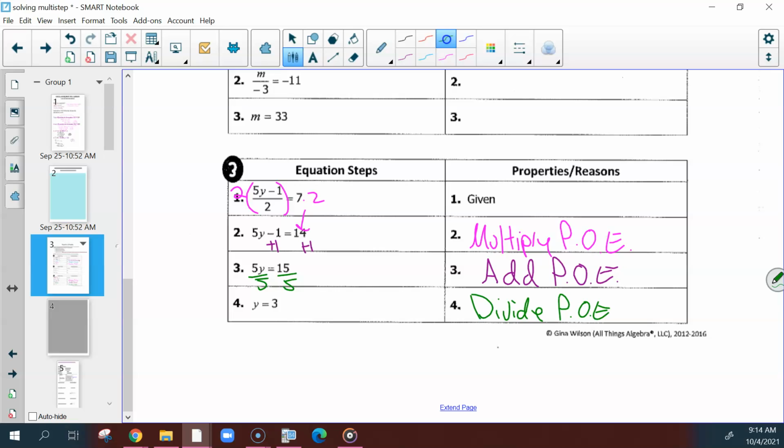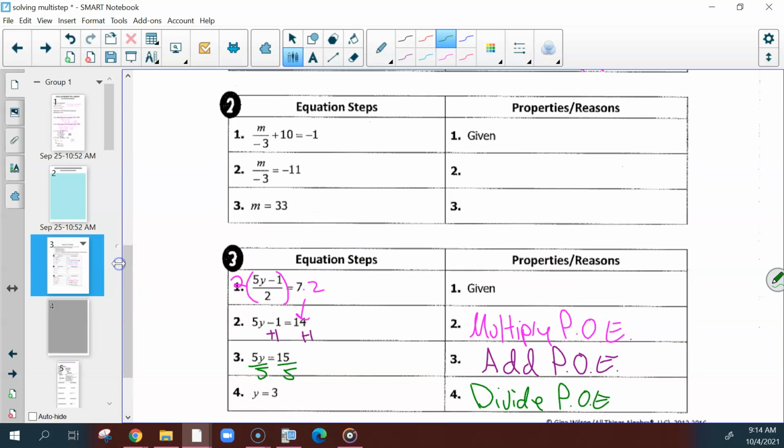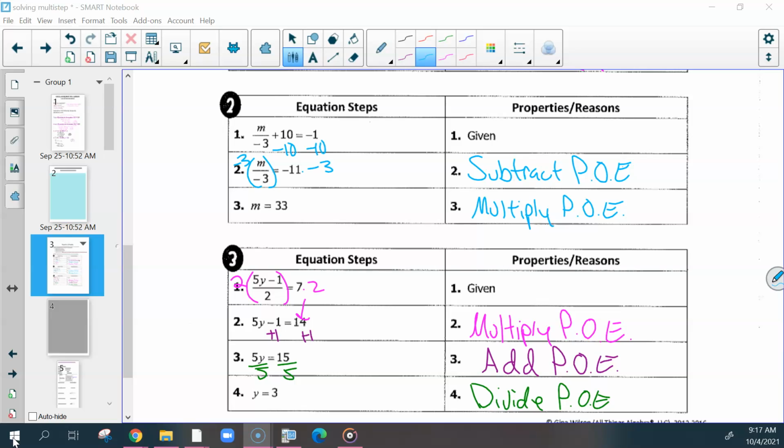You guys are going to do number 2. Do we have any questions on number 3? No. I'm going to give you a minute to do number 2.